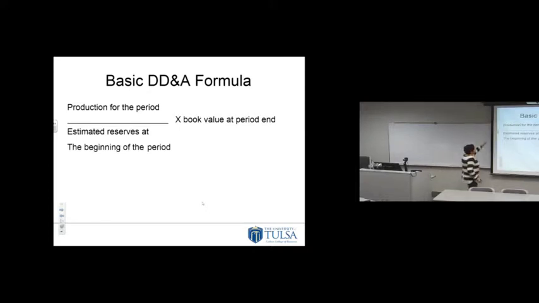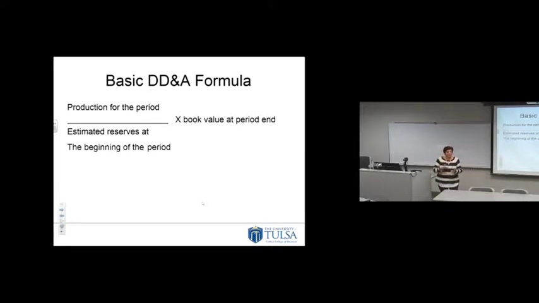So what was production for the period, whether that was a month or a quarter, divided by the estimated reserves I had before I started this period, before this month or quarter? What did I have left? How much of that did I produce? And that times the book value of my field is the amount that should be written off. Now, what is book value?